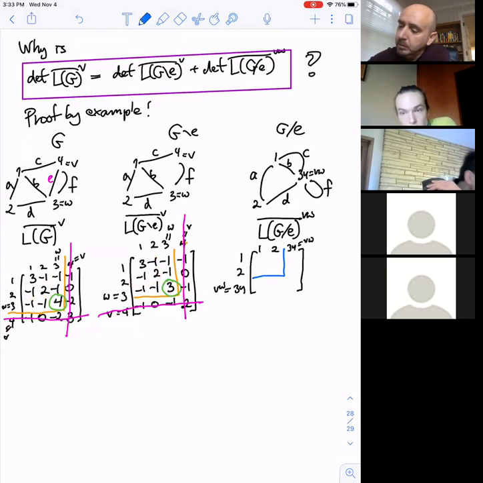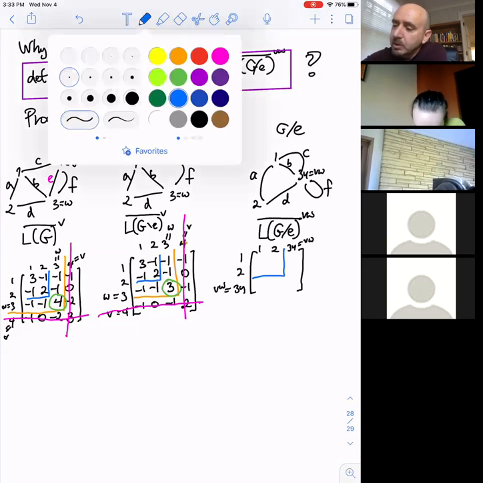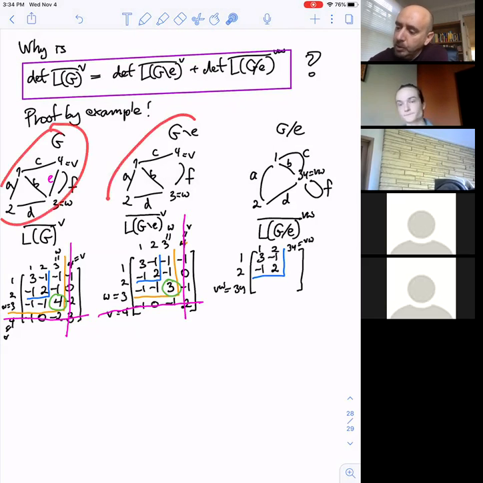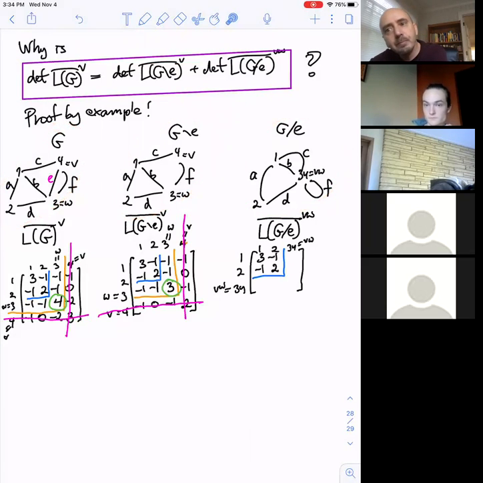So let me mark it off in here, and here. When we focus on vertices that are neither V nor W, all those entries look exactly the same, whether we were in G or G with E removed, or G with E contracted.